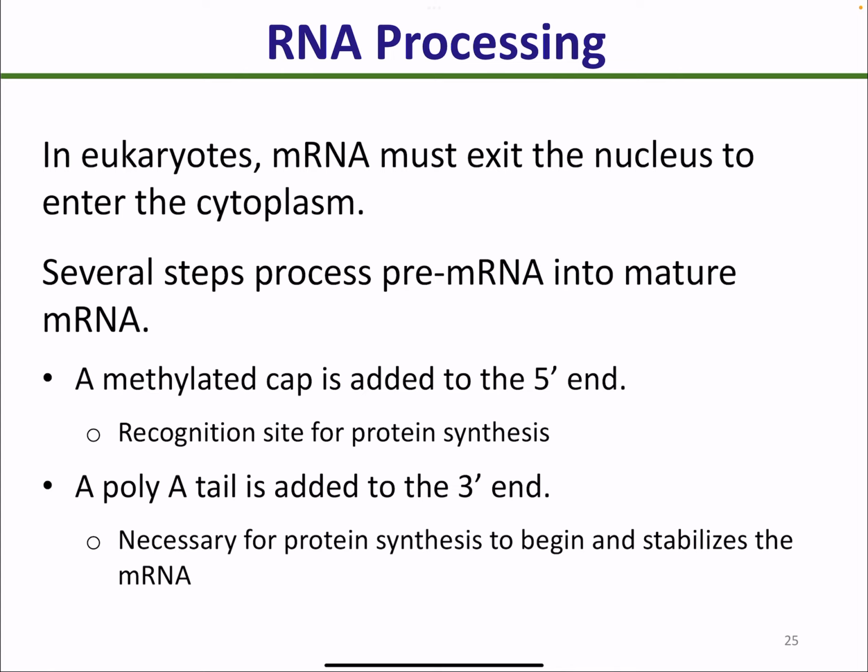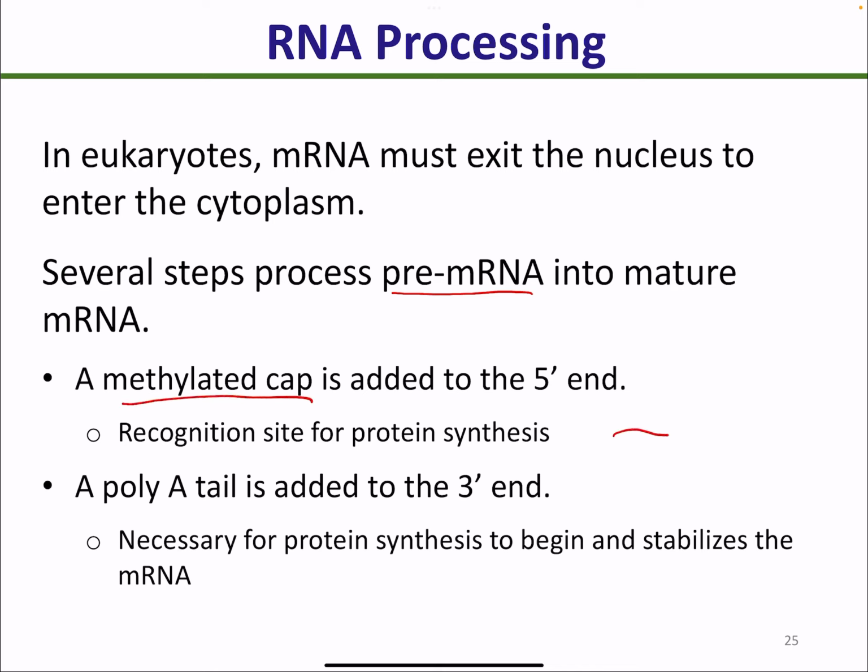So you have what we call a pre-messenger RNA. That pre-messenger RNA is going to have to go through some processing. That processing involves the addition of a cap at one end.